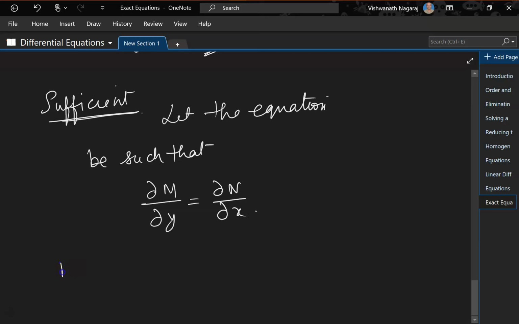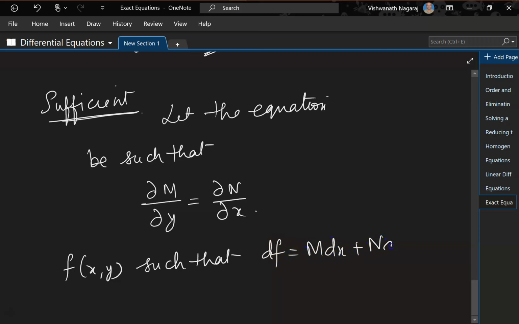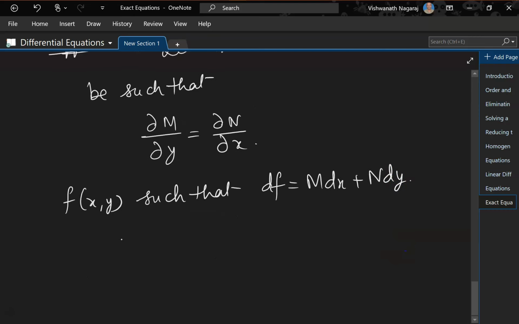Now what we have to do is find a function f(x, y) such that df is equal to M dx plus N dy. Okay, to begin with, let's say we do have a function.